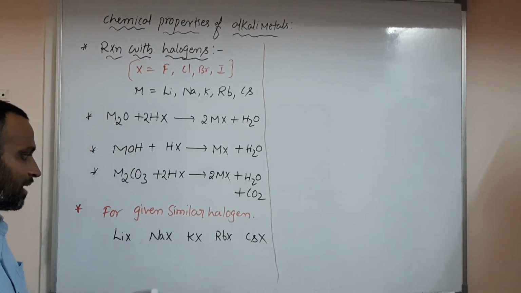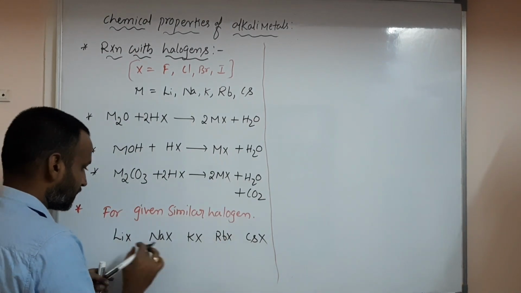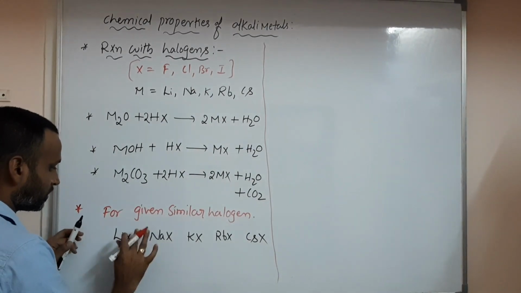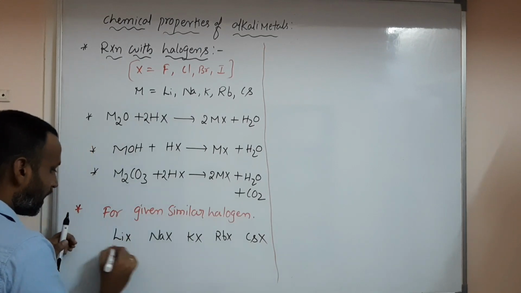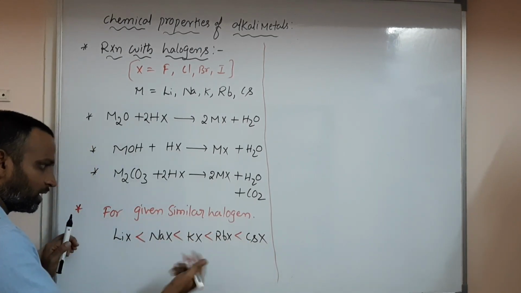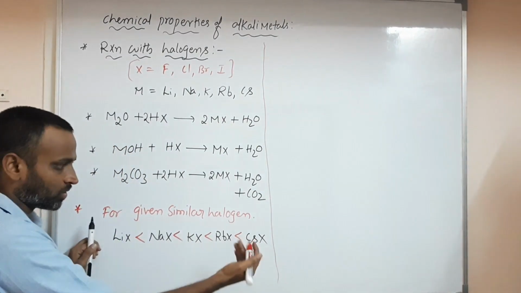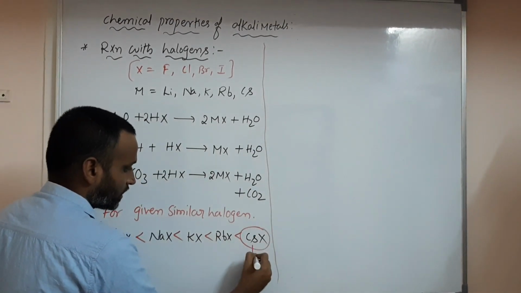So for a given halogen, the halogen is the same but the alkali metal is different. For those, going from lithium halide to cesium halide, ionic character increases. Same story, any halogen you can consider. The cesium electronegativity is less, so the electronegativity difference will be more. Certainly this will become ionic.